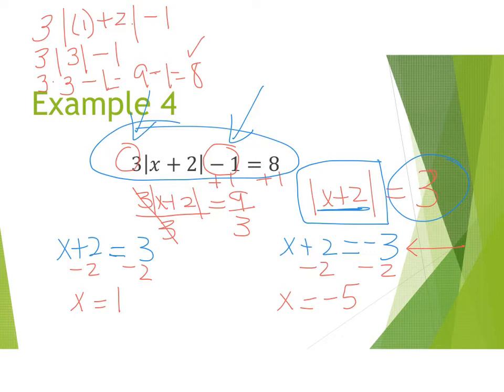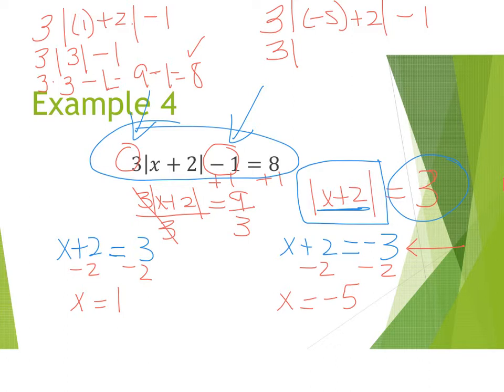So now I have to try the second one. And when you substitute in, you always go back to the original problem that you started with. So I'm going to substitute in negative 5 plus 2, close my absolute value bars, minus 1. So now I get negative 5 plus 2, so I'm at negative 5 on the number line.